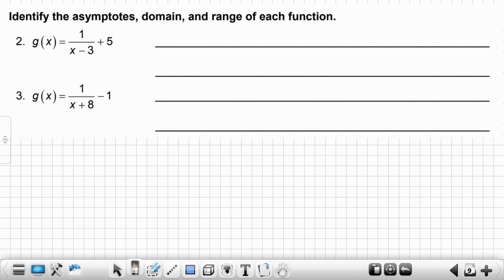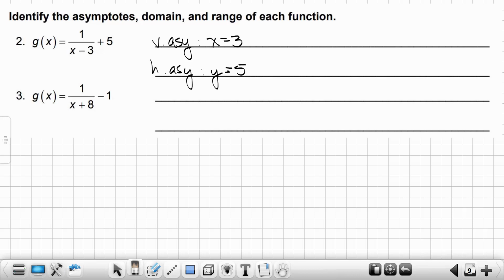So, vertical asymptote, yes. Vertical asymptote at x equals, right, we go just to the opposite, remember? Horizontal asymptote. Right, on the outside stuff, we go with the actual number.